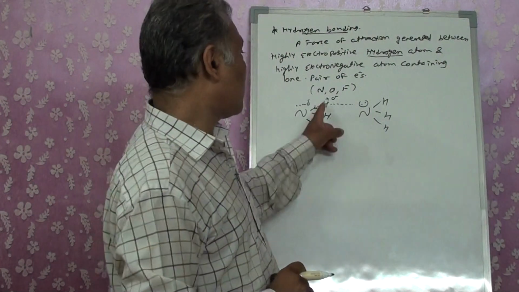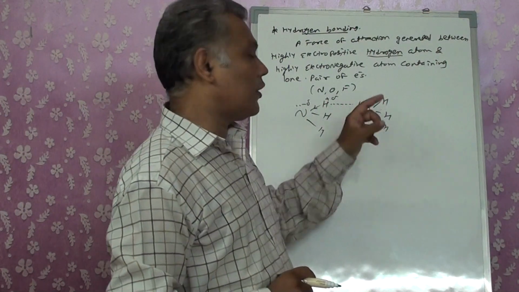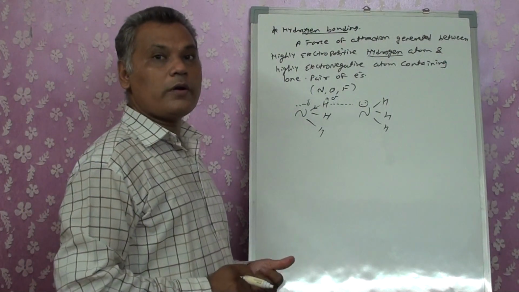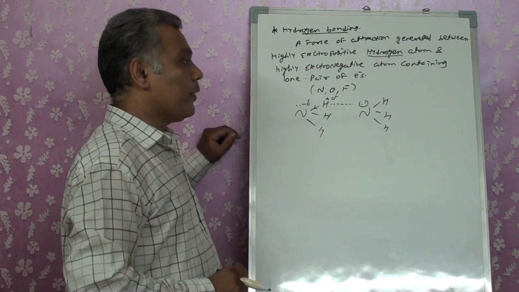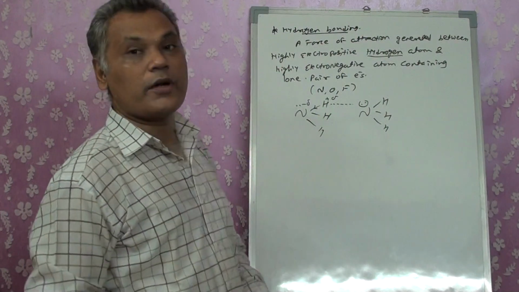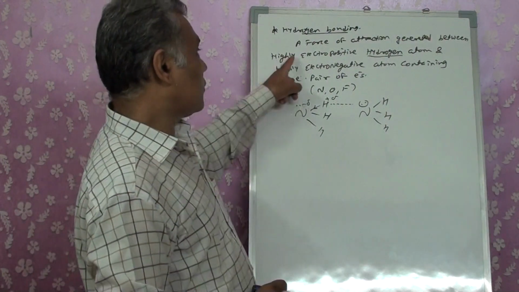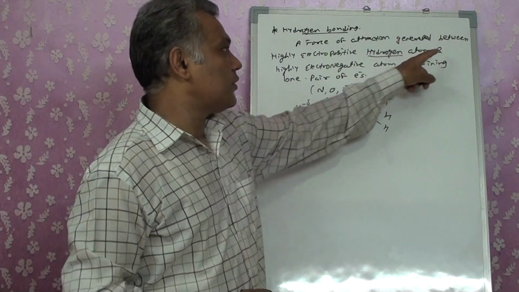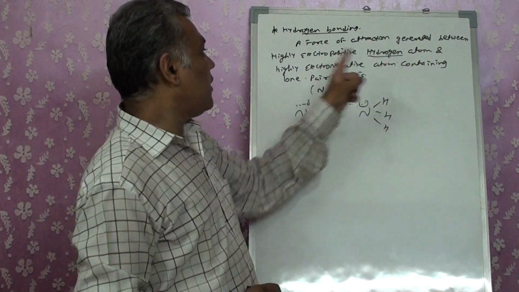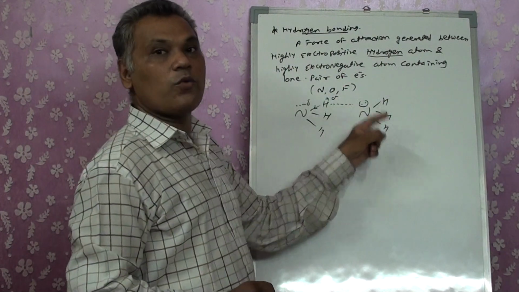When this type of force of attraction is created by the positively charged hydrogen atom and negatively charged N, O or F, any of them which contains a lone pair of electrons, then this type of force of attraction is considered to be a hydrogen bond. So it is written as a force of attraction generated between the highly electropositive hydrogen atom, that is fixed, and highly electronegative atom containing lone pair of electrons, that is NOF.